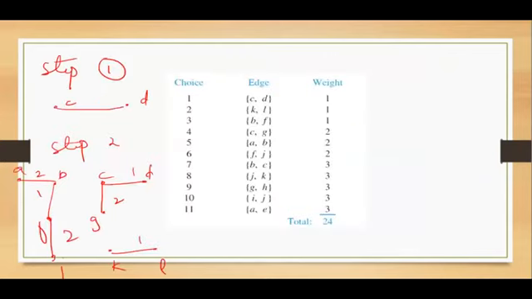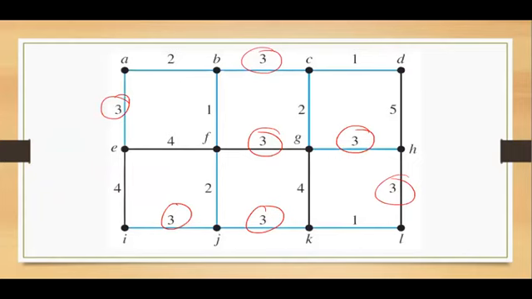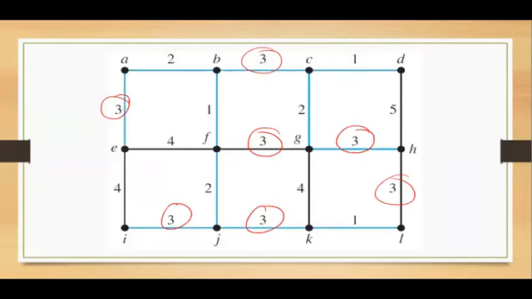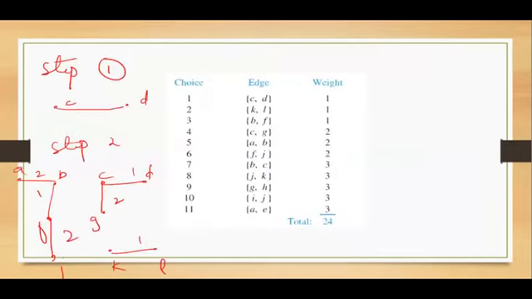Let's see. So I am able to take BC, JK, GH, IJ, AE, 5 of them. Which one am I unable to take? Let's see. So BC is there. JK we have. IJ, AE. But I am not taking HL.